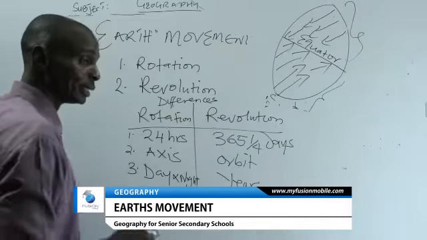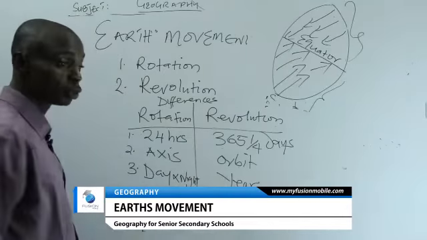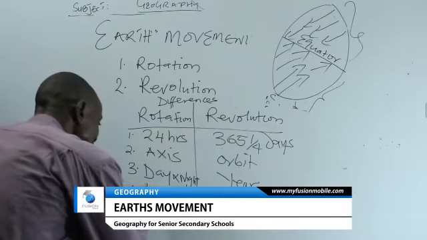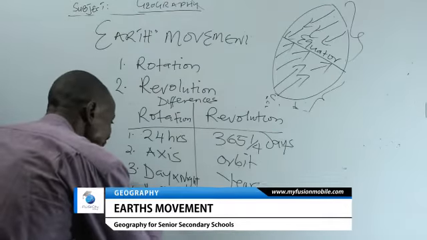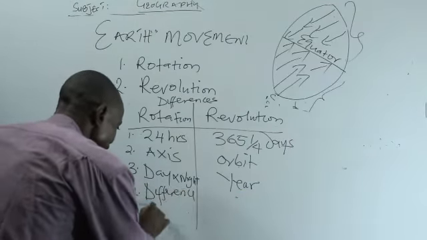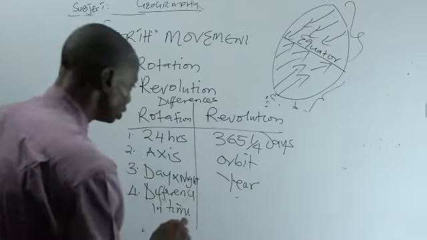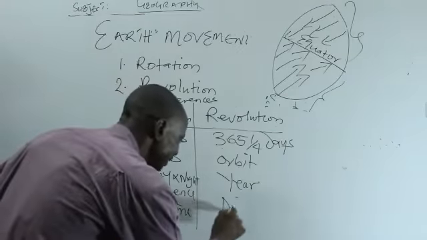This one is day and night, this one causes the year. Now, number four: here, differences in time. Then here, differences in season.